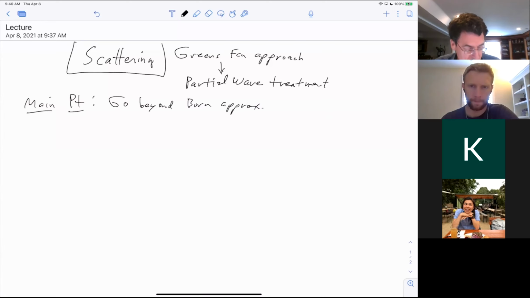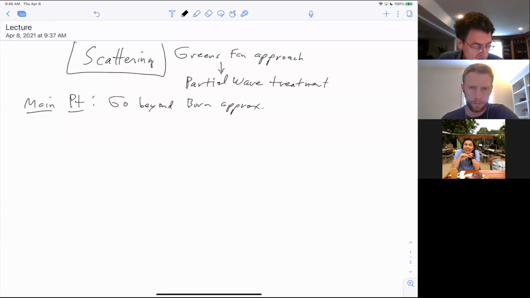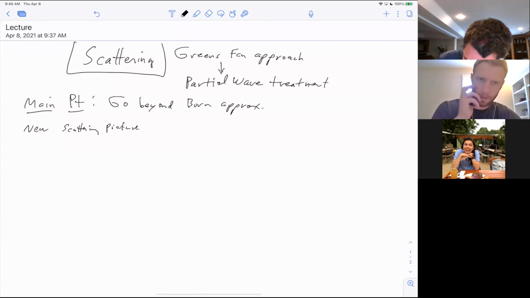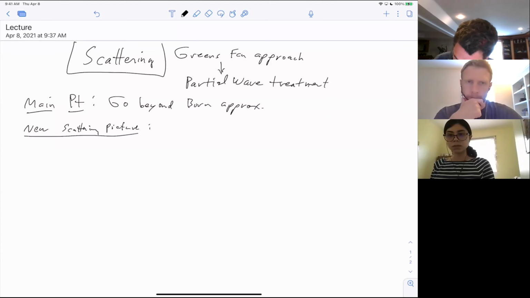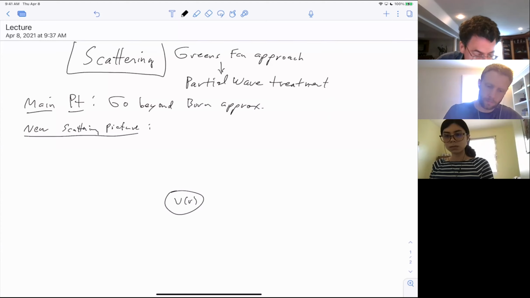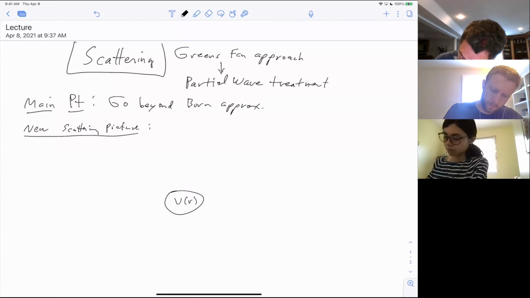Okay, so let's take up where we left off. The thing was, we had this new scattering picture, and in this new scattering picture, we have our potential at the center, at the origin. And really what we want to do is just solve the Schrodinger equation.